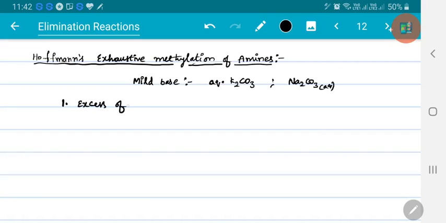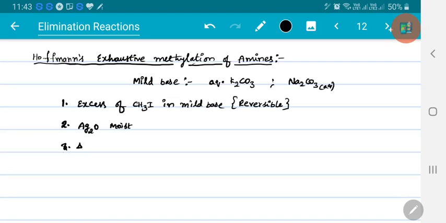Excess methyl iodide is used in the presence of a mild base. Of course this is a reversible step. And the second step is the addition of moist silver oxide, and the third step is heating. So these three things should be taken care of.